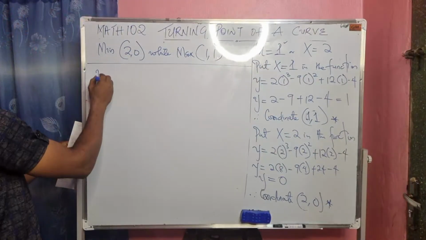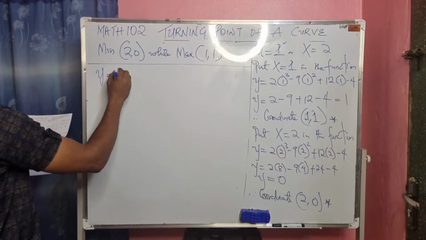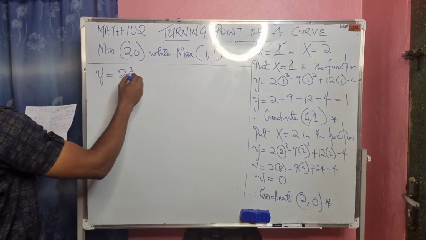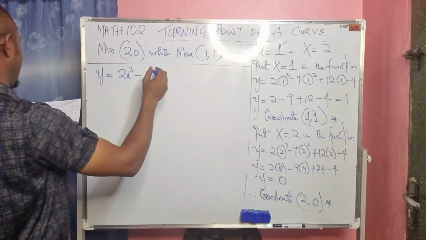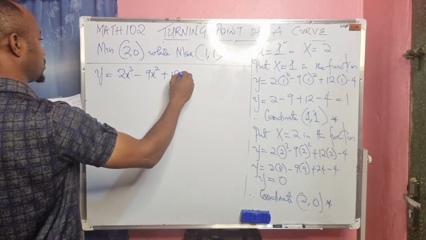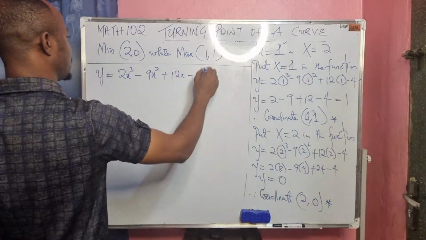Originally we are told that y equals 2x to the power of 3 minus 9x squared plus 12x minus 4.